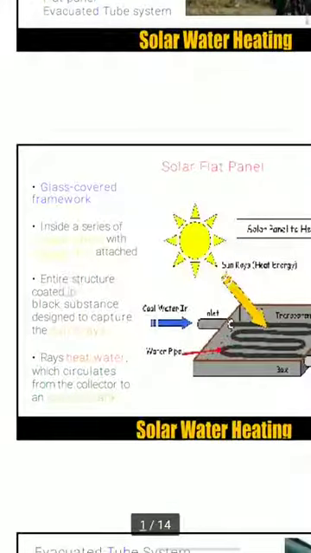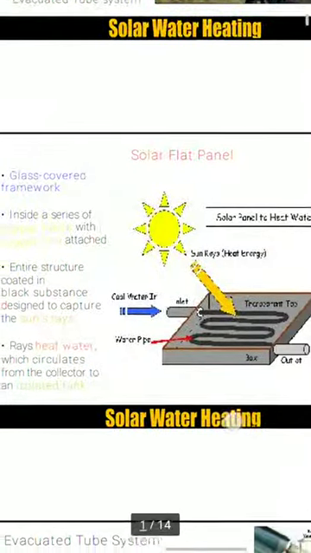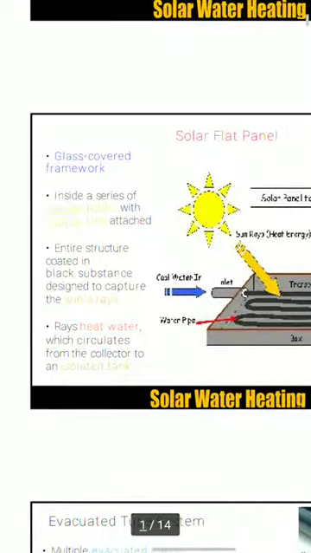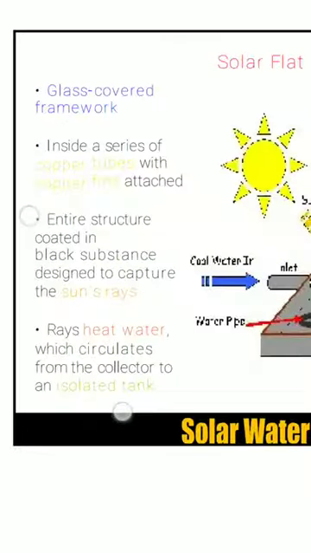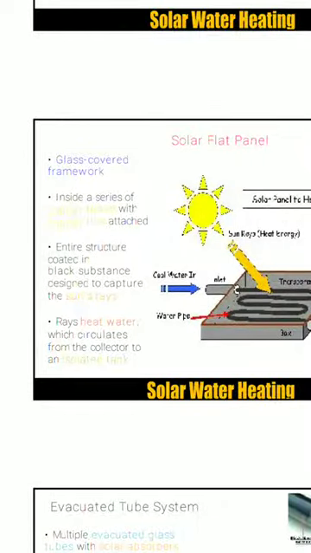Solar flat panels are a glass covered framework, and inside is a series of copper tubes with copper fins. The entire surface is coated with black substances, that is, we can say a black body. We know that a black body absorbs all types of solar radiation incident on it.